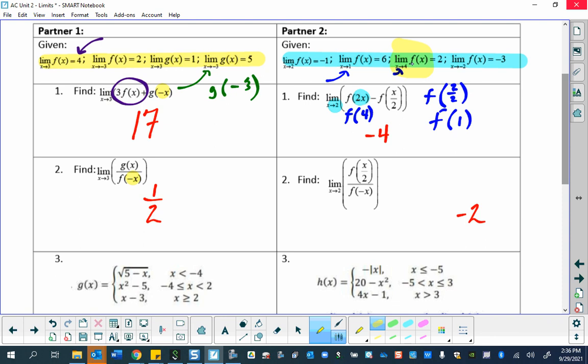Now, can I have as x approaches half of my input value? I was going to 2, and they're like, half of that, please. I'm adjusting my input. Here I'm playing with my output. Here I'm playing with my input. Do you see the difference? Whether it's inside or outside of the parenthesis with the x. 1 and 2 are where we don't know the function, but we're just told what the answer to the limit is. These were supposed to be the easier ones.